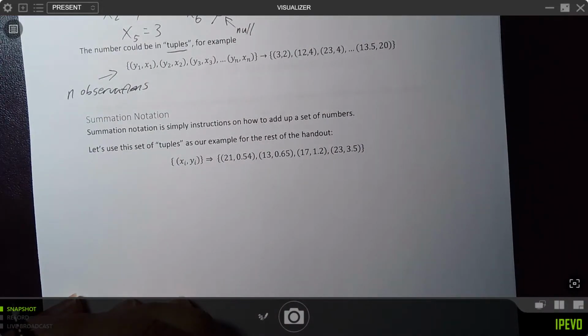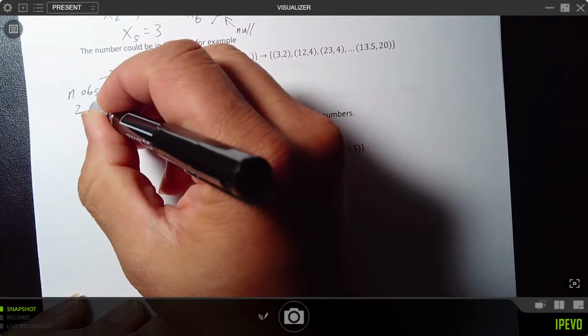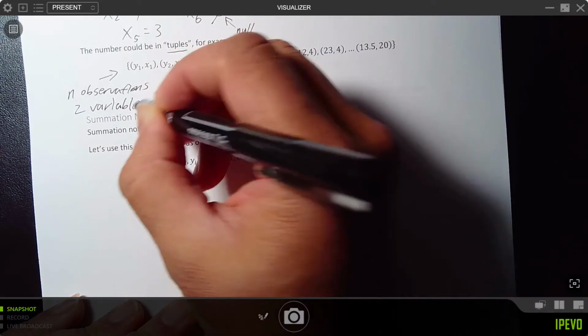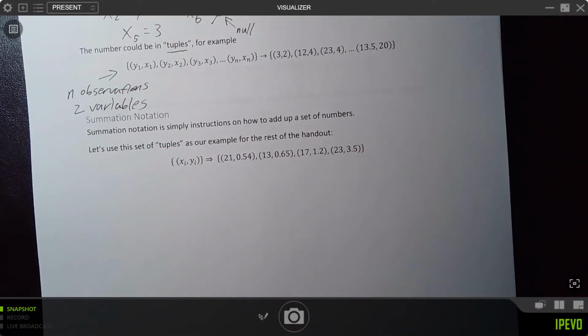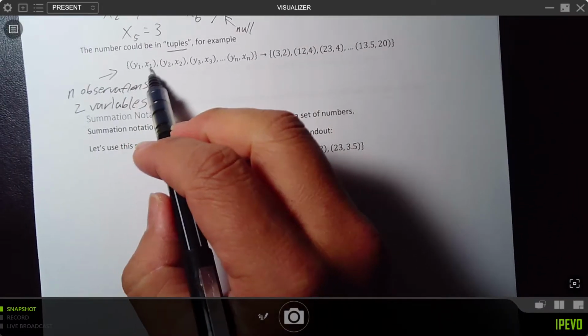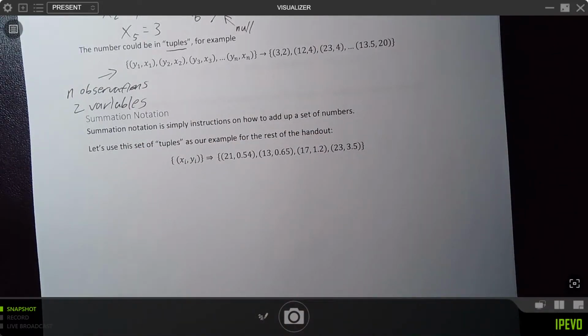However, now there are 2 variables. For example, you can say this is height and income, or height and shoe size. And so y could be the height and x could be the shoe size of every individual.